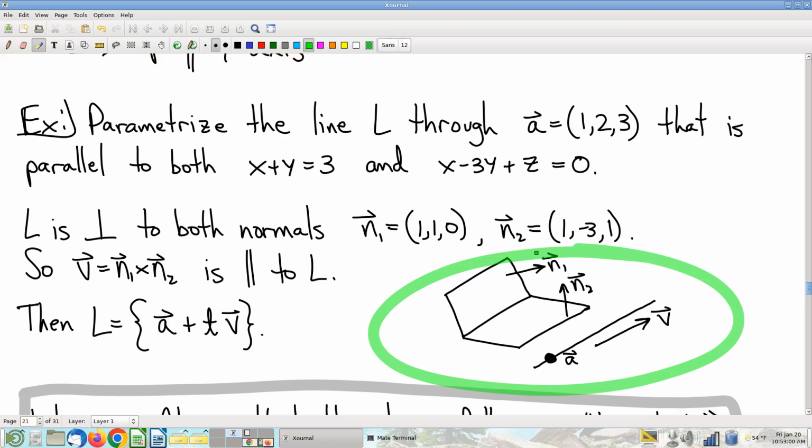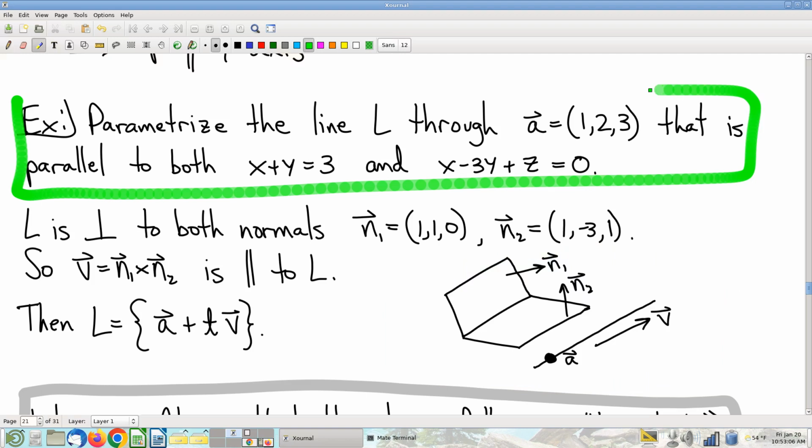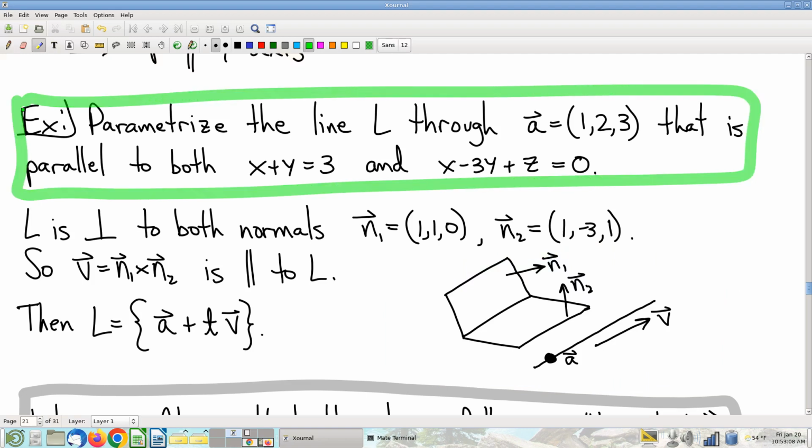So, if you don't have a picture, and that's the case we're in here, and usually this question does not come with a picture, if you want a picture, you're going to have to draw it. If you're good at drawing in 3 dimensions, cool. That's nice. I think most students come into this class where drawing 3-dimensionally is hard.